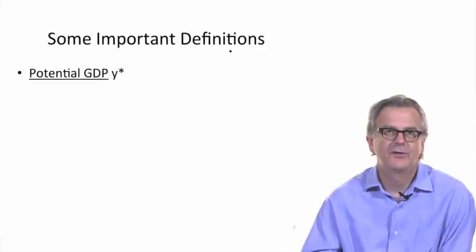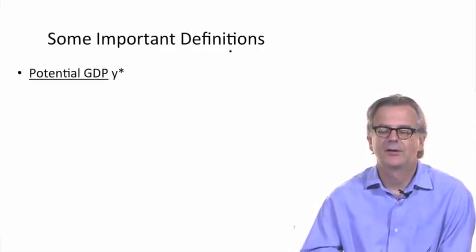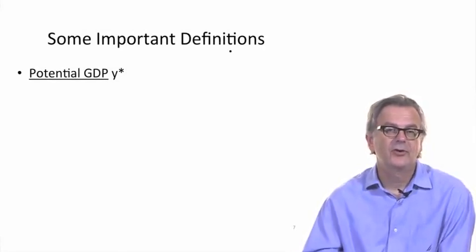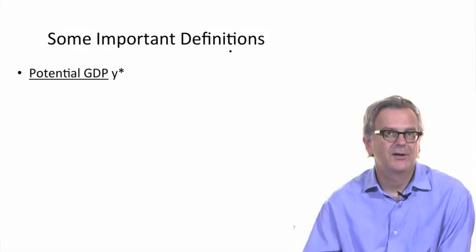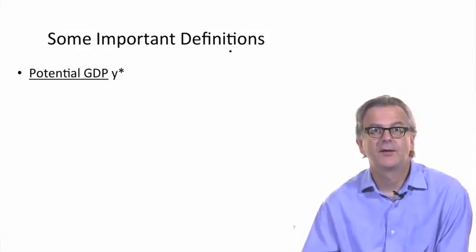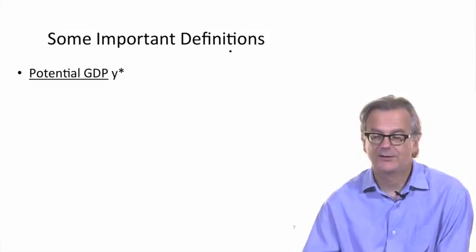So let me introduce some very important definitions to you, and we're going to use these definitions quite extensively. First, potential GDP. And my notation for potential GDP will be the letter Y with an asterisk next to it.